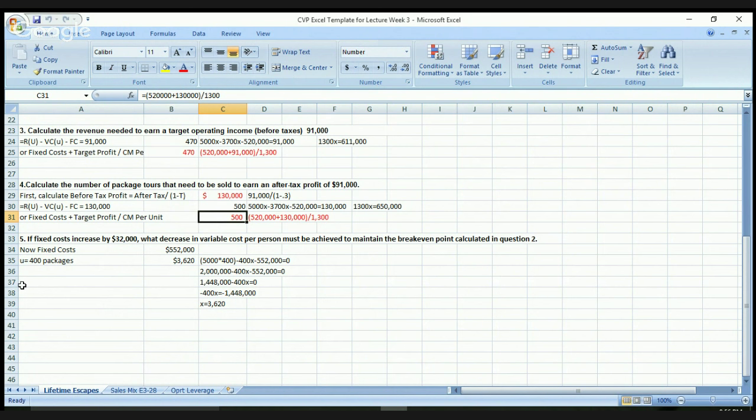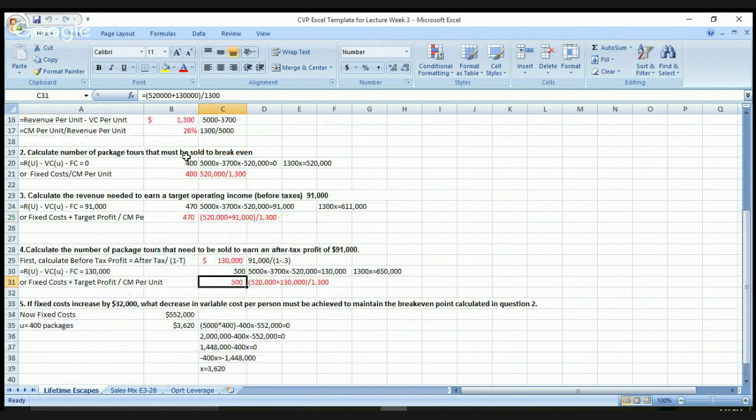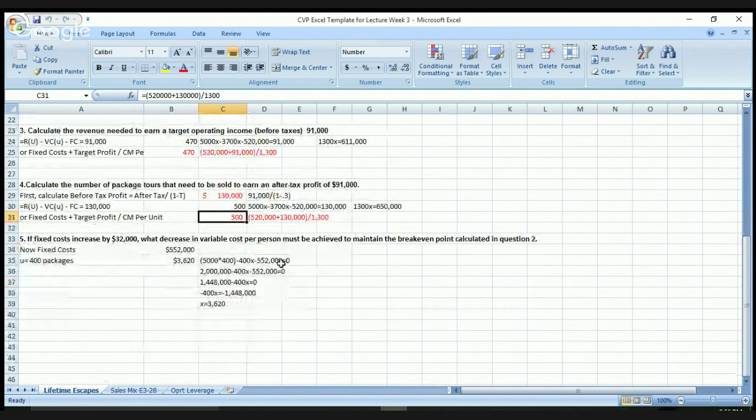Now, if fixed costs were to increase by 32,000, what decrease in variable cost per person must be achieved to obtain the break-even point calculated in question 2? Well, my break-even point was 400 units. And so now, instead of having X to represent the number of units, X is going to represent the variable cost per unit.